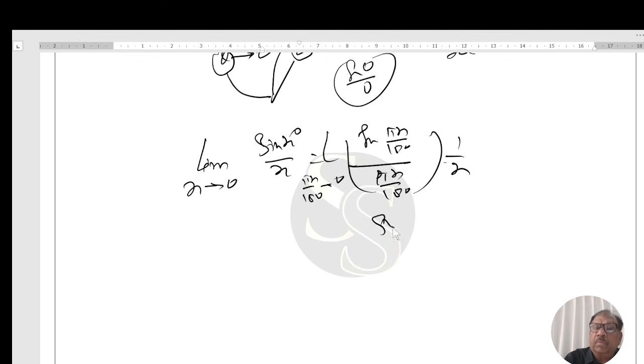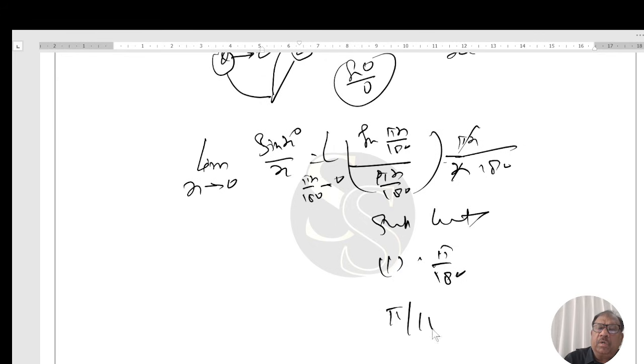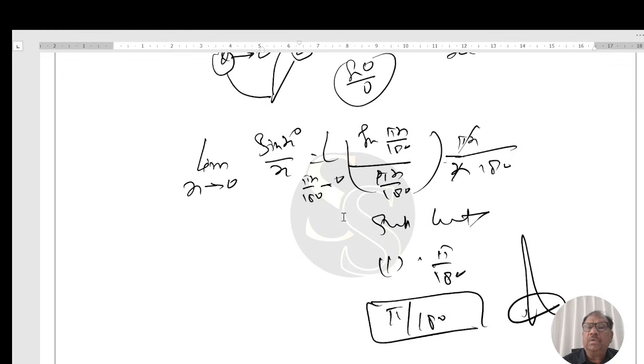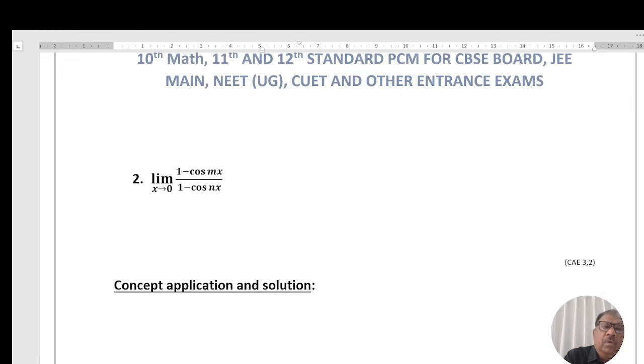Now substituting limits. यहाँ पे क्या था हमारे पास sin pi x upon x into pi x upon 180. ये x कट गया. So substituting limits, we get 1 into pi by 180. Pi by 180 is the answer. Right?